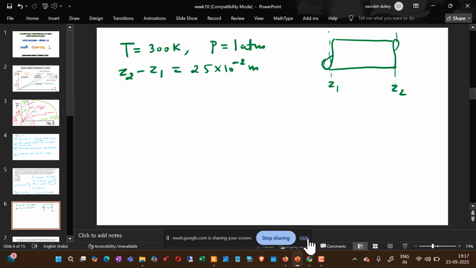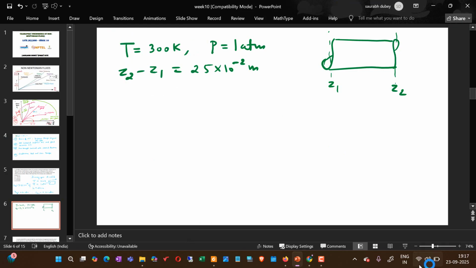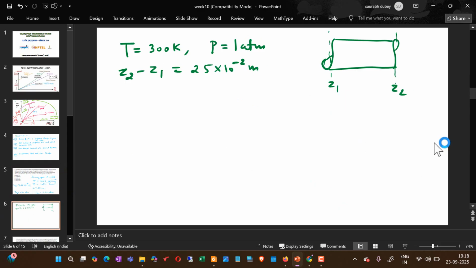So Z2 minus Z1 is this one. If you see, length is 25 centimeters, so it is 25 into 10 to the minus 2 meter, right? Now DAB is 7.86 into 10 to the minus 4 meter square per second.